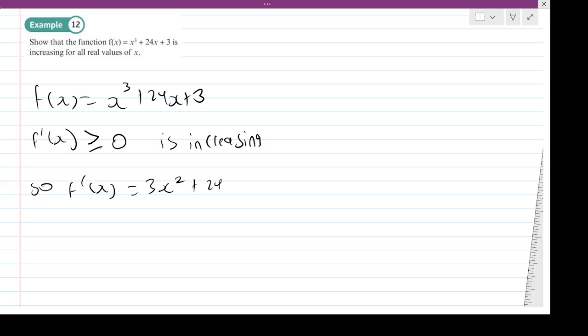Now, I need to show that this expression here is greater than or equal to 0, which would then mean it's increasing. Well, think about it. Firstly, the x squared has to be positive, it has to be at least 0. It can't be negative because it's a square number. So I'm going to say x squared has to be positive as x squared is a square number.